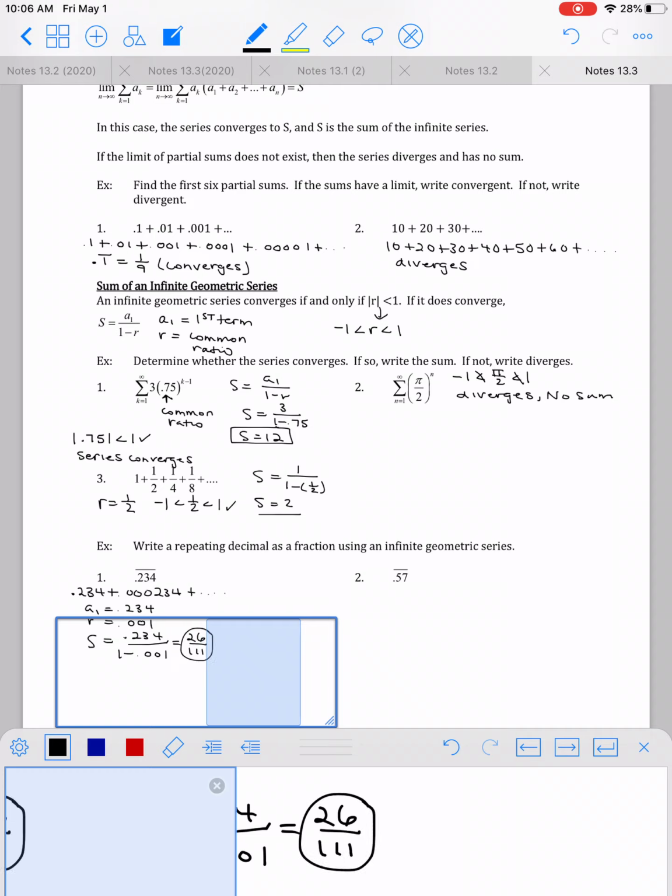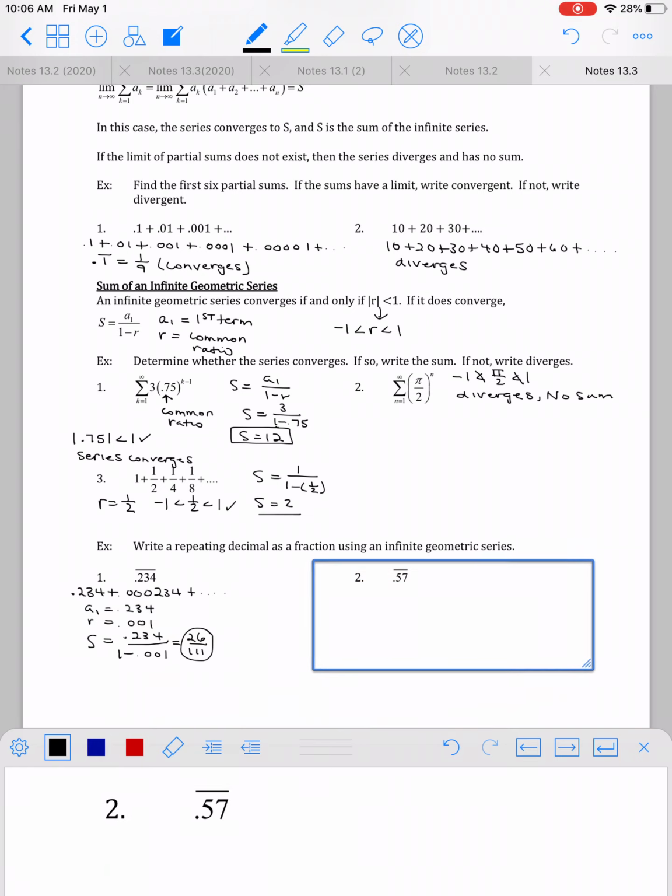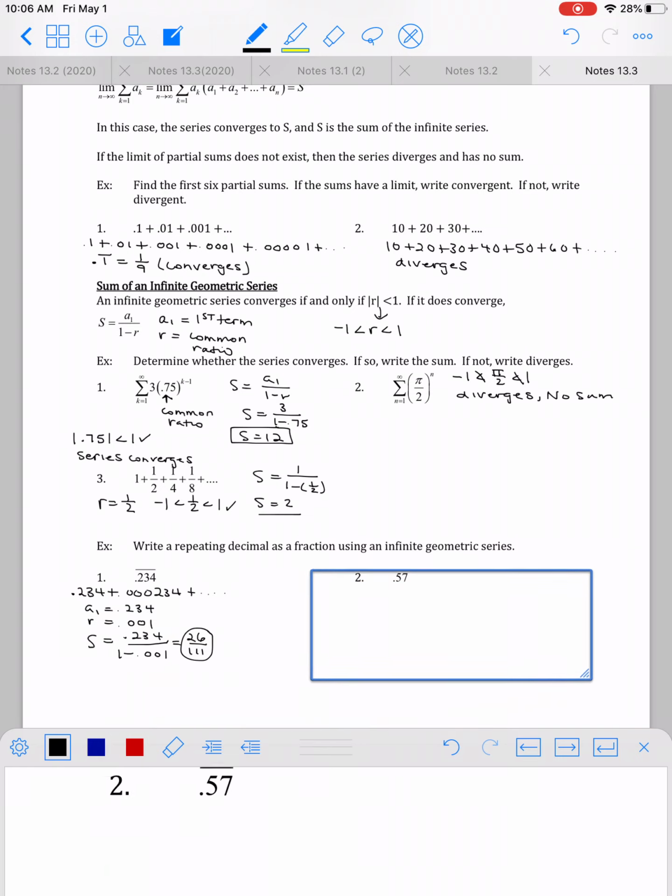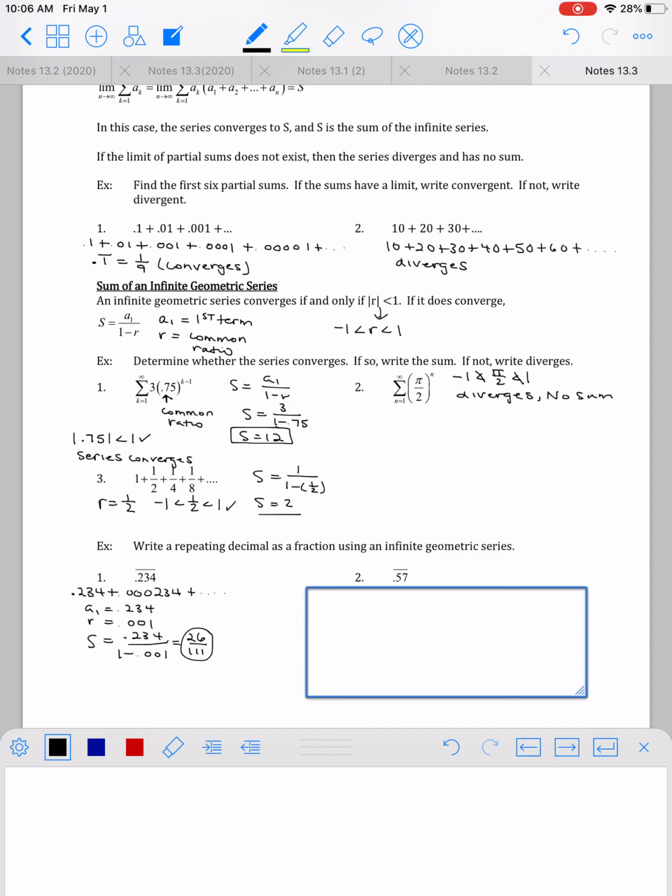If you're having to write it out, yes, you can use your calculator to check, but I'm going to be looking at that work at that moment. Okay, here we go. Next one. So 0.57 plus 0.0057 plus 0.000057.